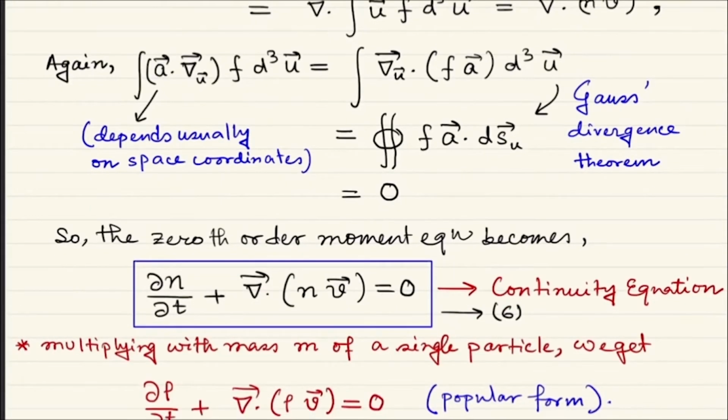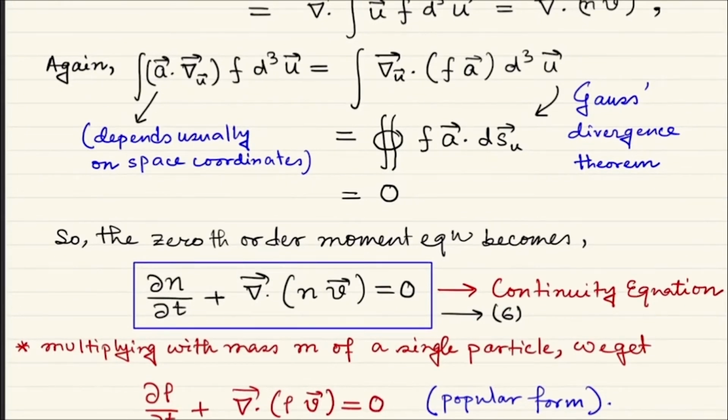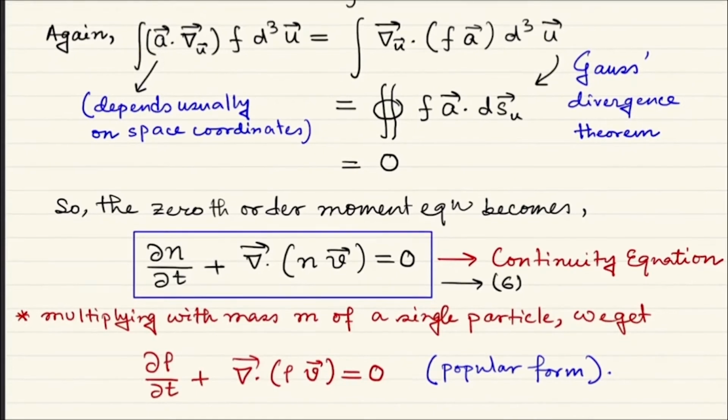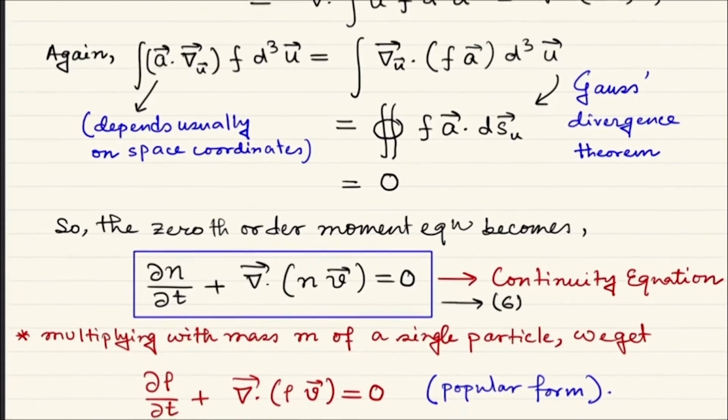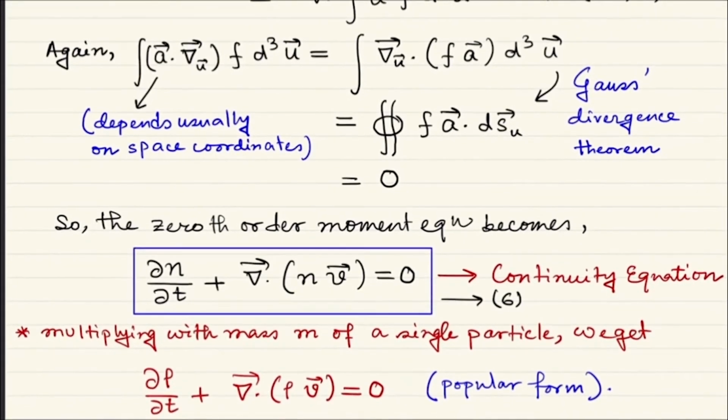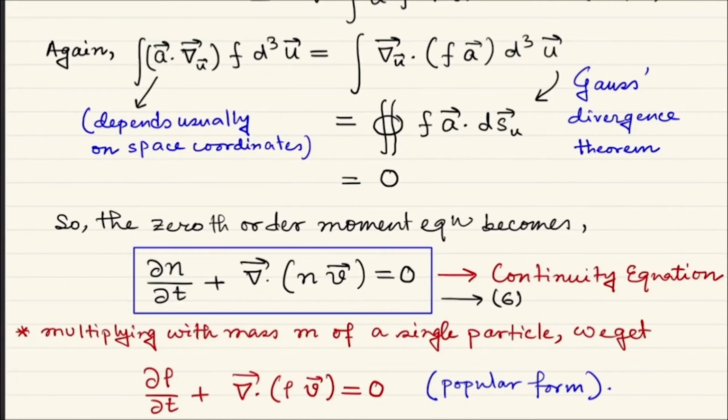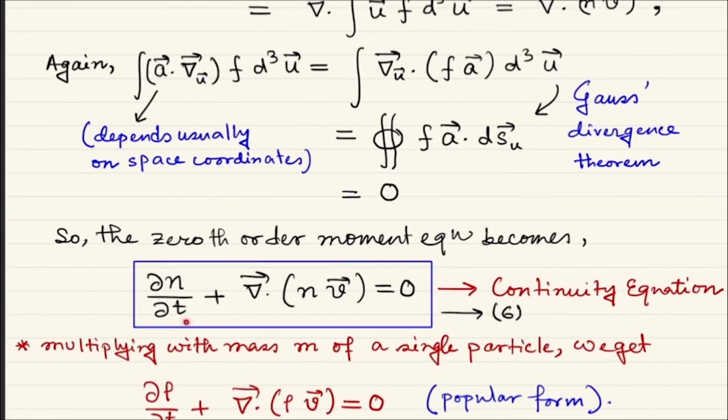Of course, in the very popular case of fluid dynamics, the continuity equation looks like this: del rho del t plus divergence of rho v is equal to 0, and that can be obtained immediately if you just multiply this equation by the mass of one particle.